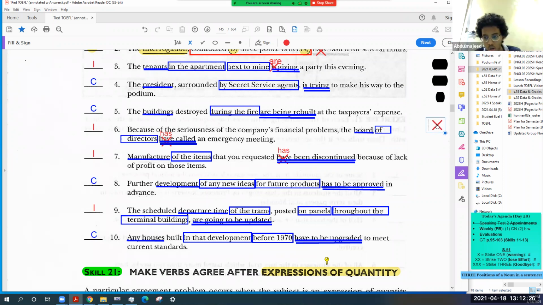Are going should be is going. Why? Because the scheduled departure time is, well, time is usually an uncountable noun, so we need a singular verb.